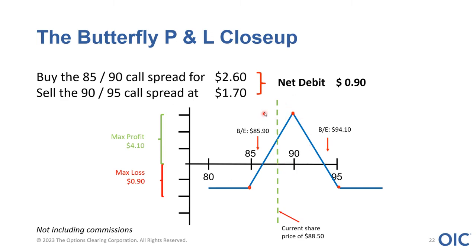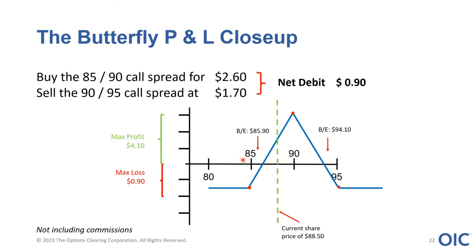Now, keep in mind, the current share price is 88.5. So this butterfly is going to have a little bit of delta to it because it's not the fully at-the-money butterfly. A fully at-the-money butterfly would involve, with the stock trading at 88.5, an 88.5 strike as the centered strike.